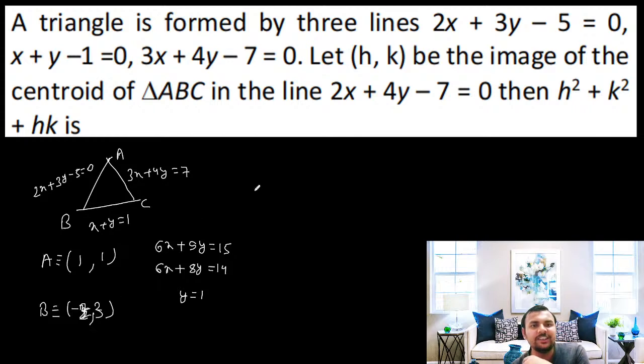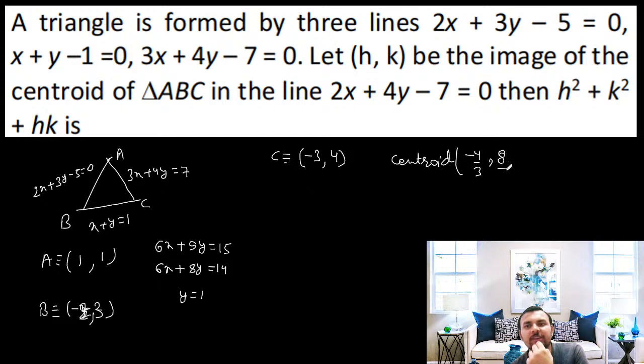And now for c, 3 times of minus. That means y equal to 4, x equal to minus 3. So centroid is going to be a plus b plus c, minus 5 plus 1, 4 by 3, 8 by 3.